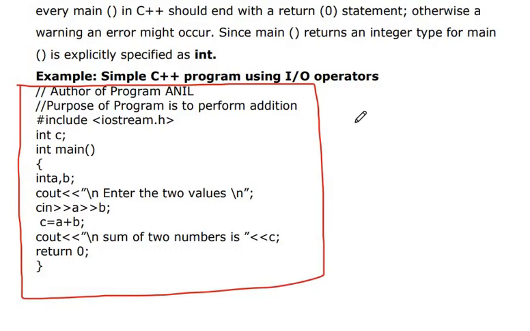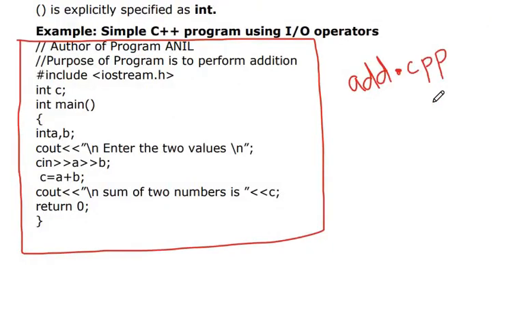Let us give a name to the program, like ADD. Now the extension is dot cpp. Because we have written this program in C++, here we have to give the .cpp extension. If you write the program in the C language, then we have to give the .c extension. If you write the program in C++, then we have to give the .cpp extension.